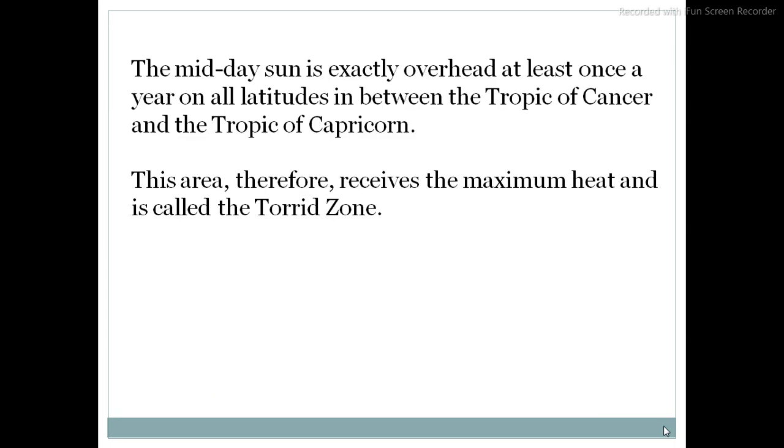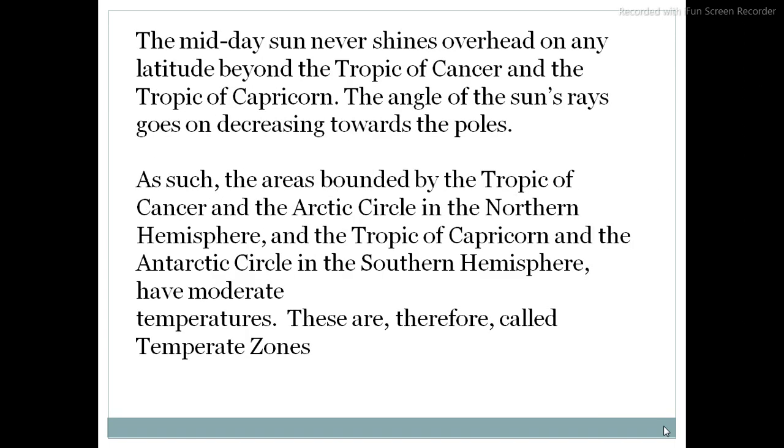Next, the midday sun never shines overhead on any latitude beyond the Tropic of Cancer and the Tropic of Capricorn. The angle of the sun rays decreases towards the pole.